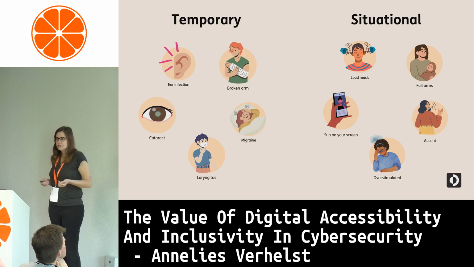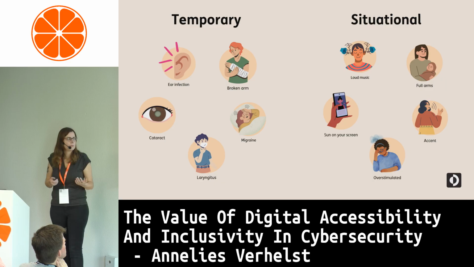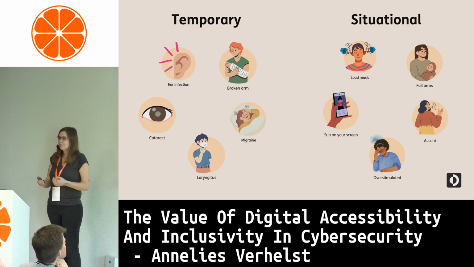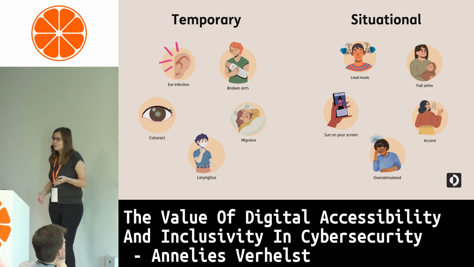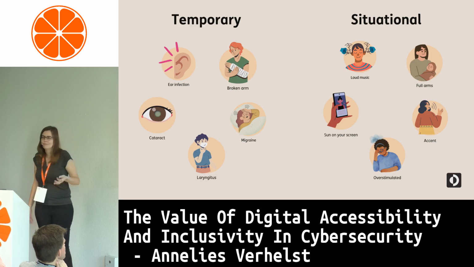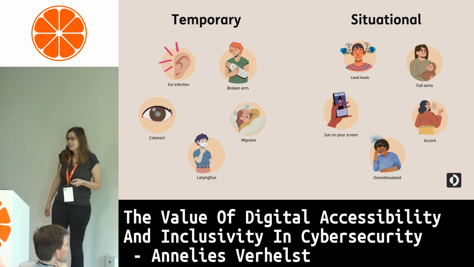Because when there's loud music, you cannot hear your phone properly, or you cannot speak to people. When you walk outside and it's a sunny day, sometimes your screen goes dark and you can't see what you're doing. Having an accent is a problem in some parts of the world. And you can be overstimulated, and that's why we have a quiet room in the back.